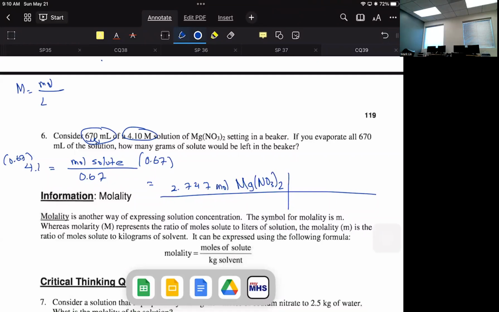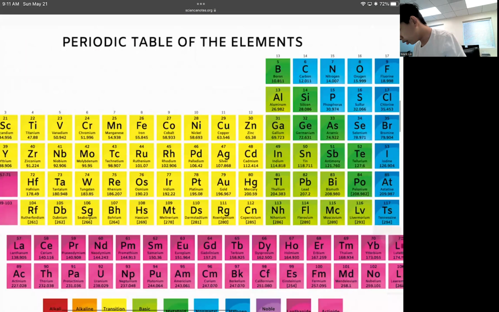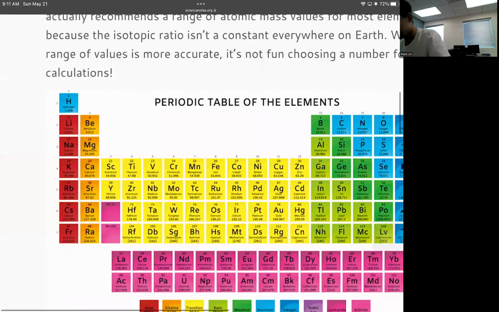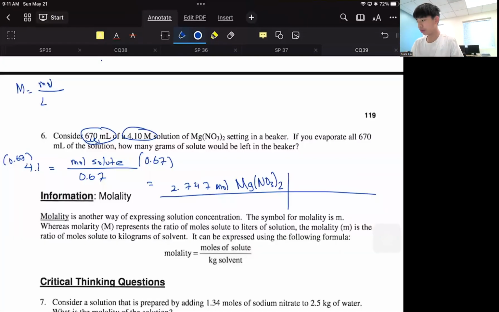Oh, that's cool. Oh, okay, so Mg is... actually no. Yeah, so just to find the molar mass, I'm gonna skip this a little bit. You just add up all the molar masses together.